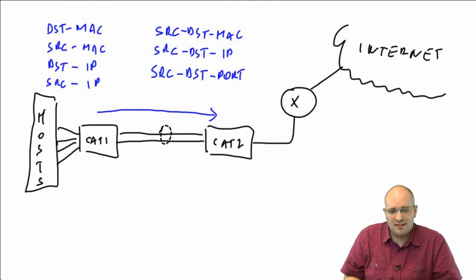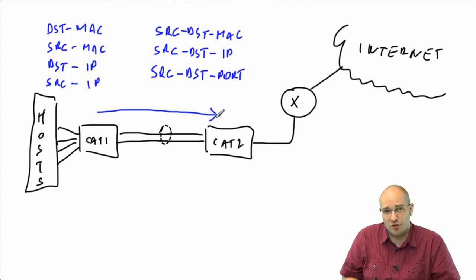Let's take a look at destination MAC address. When a host behind Cat1 sends traffic to Cat2 going to the internet, what is going to be the destination MAC address? Well, as it turns out, it will be the MAC address of our router here, not the host on the internet, because this is what the host will see as their default gateway.